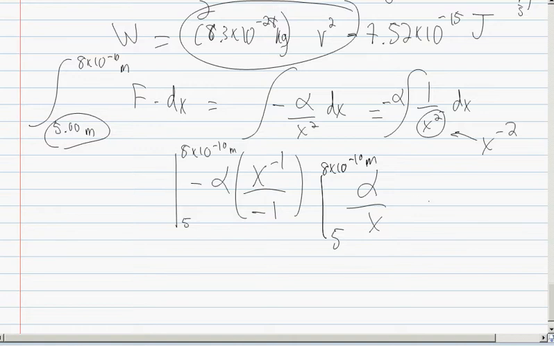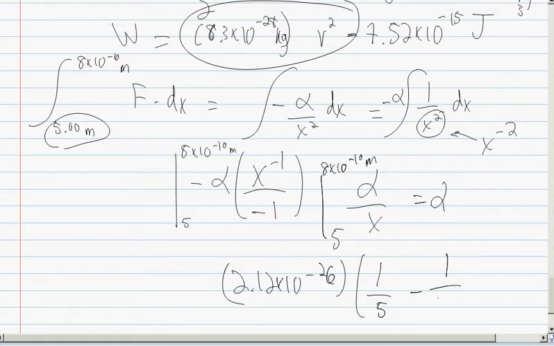So it's going to be alpha, which I think is 2.12 times 10 to the negative 26. And then that's going to be 1 over 5 minus 1 over 8 times 10 to the negative 10.